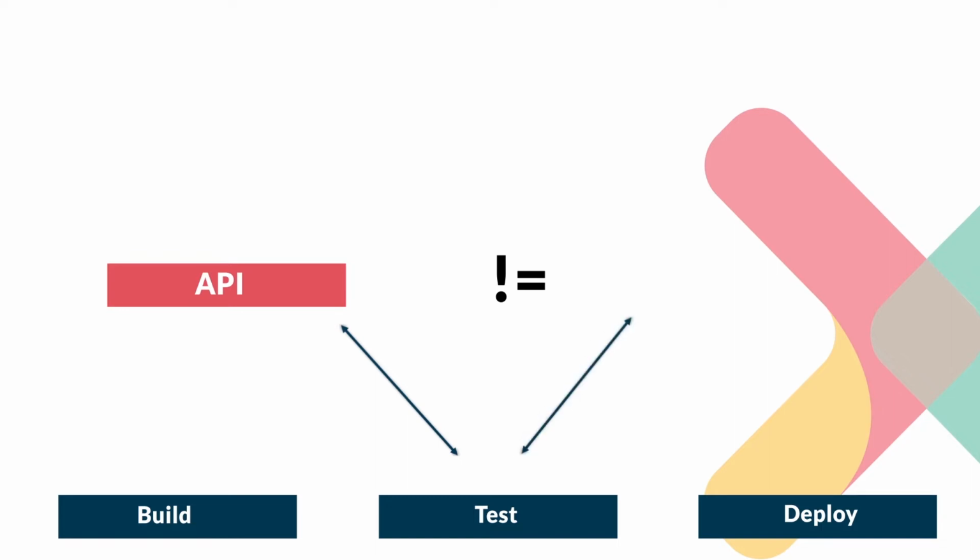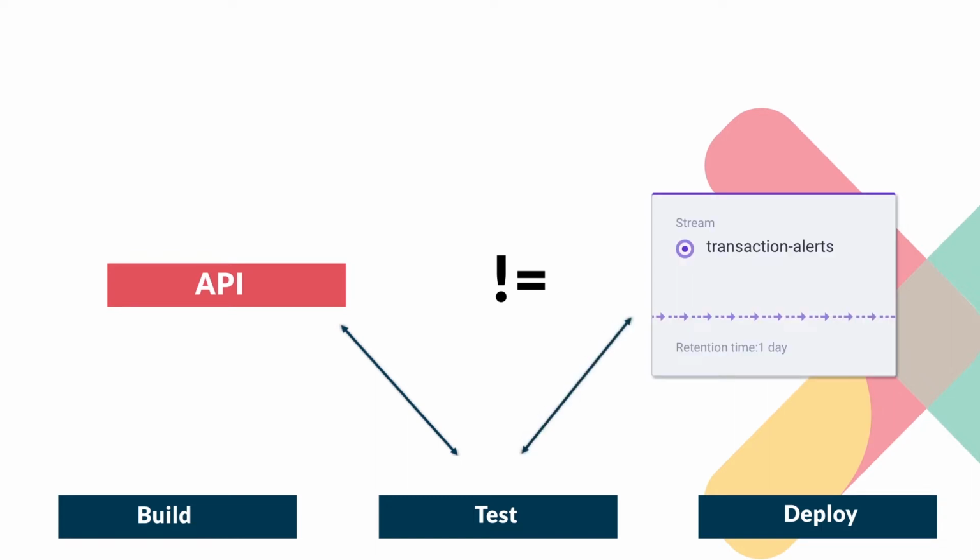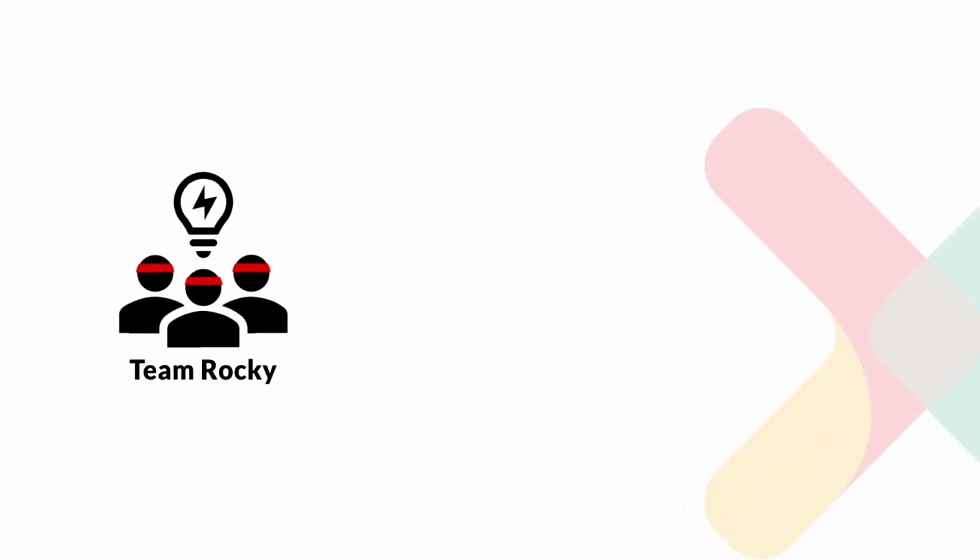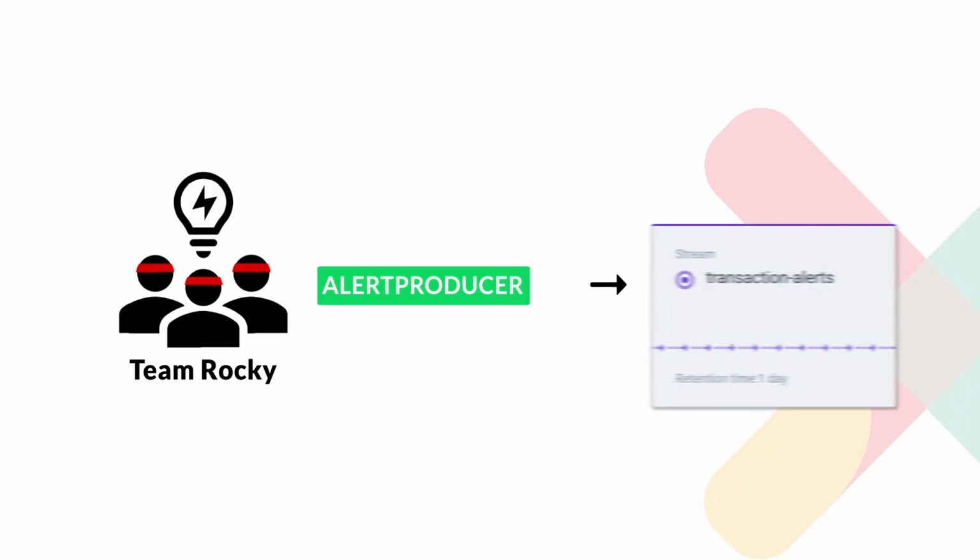However, if you are building a streaming application, this is a different story. Meet Team Rocky, a development team which is working on a streaming use case. Team Rocky is building a producer app, producing alert events to a stream. They have decided on a schema format, they have uploaded it using self-service and registered it on the stream.